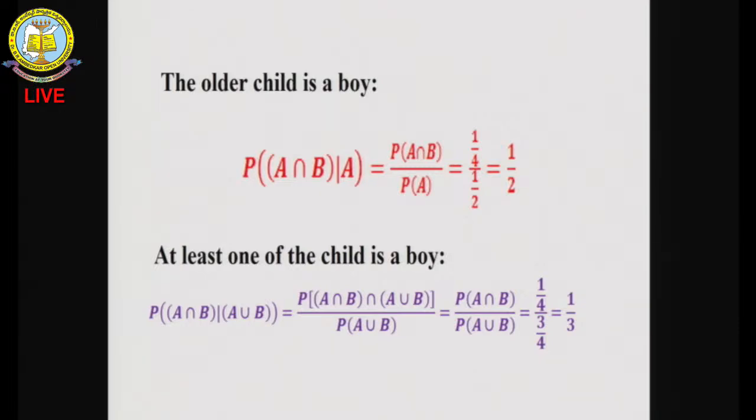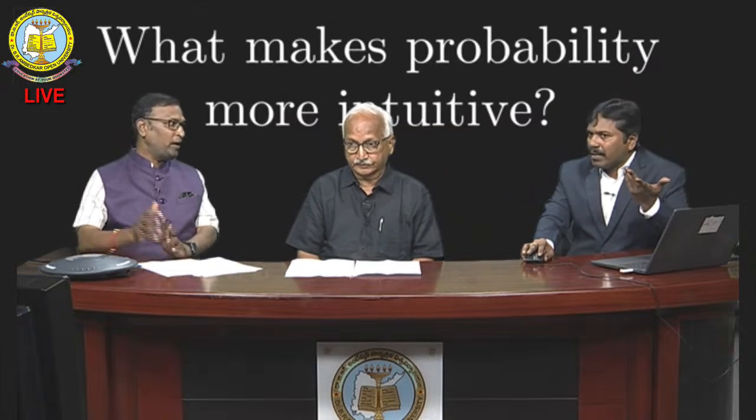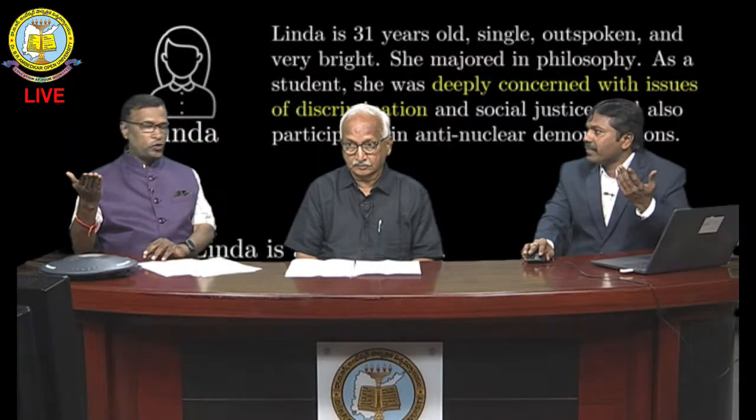So the probability of A intersection B given A is the probability of A intersection B divided by the probability of A. We already know the probability of A intersection B is 1 by 4, so substituting, 1 by 4 divided by 1 by 2 simplifies to 1 by 2.